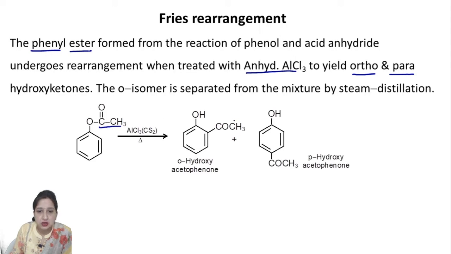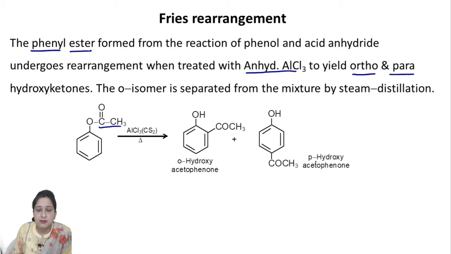Okay. This is your ortho hydroxy. Look, these two functional groups are at ortho position with respect to each other. So ortho hydroxy acetophenone, aceto word means two carbons. So ortho hydroxy acetophenone plus para hydroxy acetophenone.